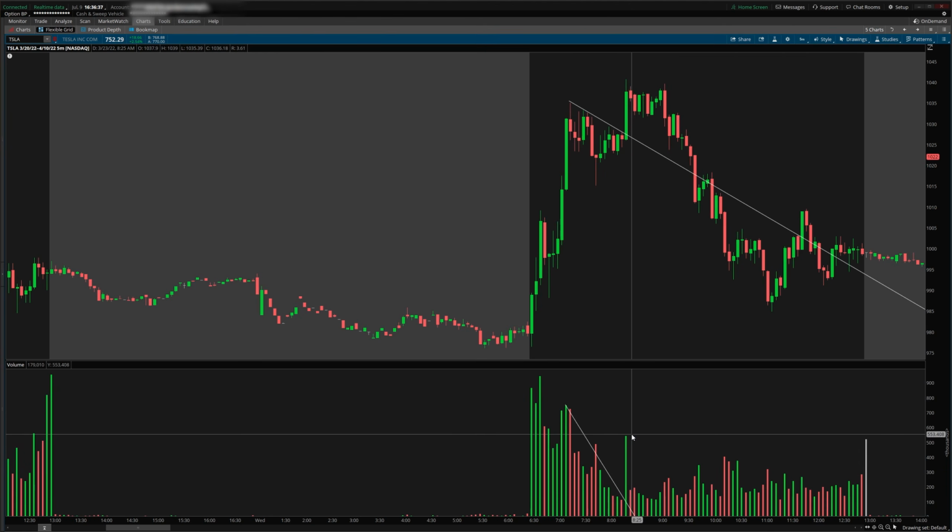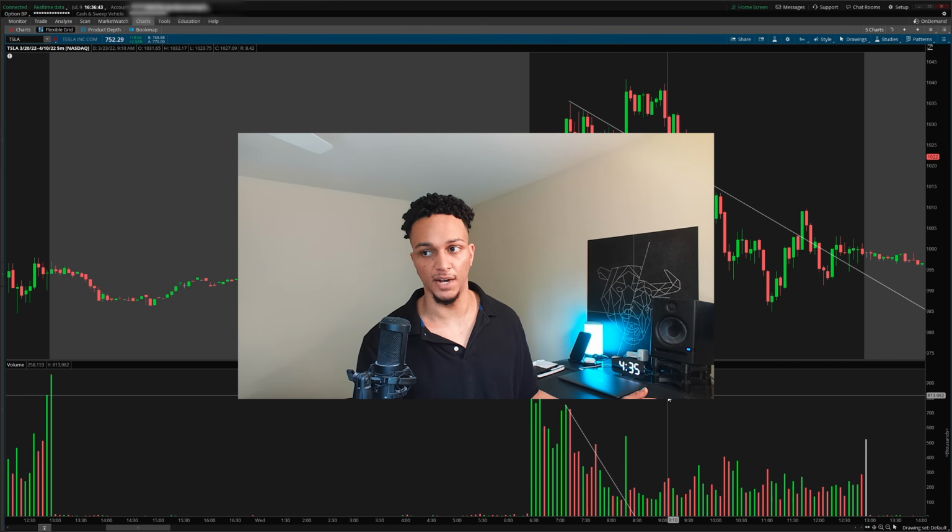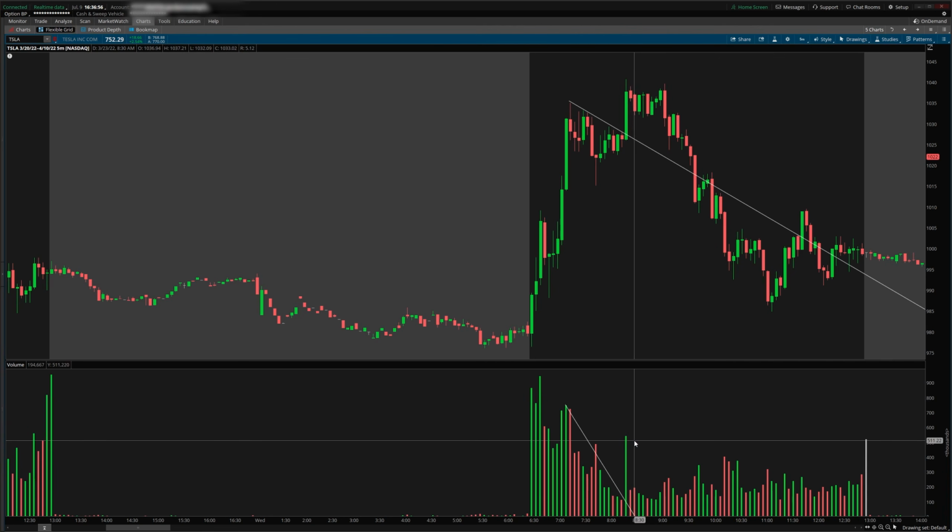If volume continued to rise higher and higher, say 800,000 shares every 5 minutes, that would be a sign that there's buyers clearly pushing the market up and they're showing interest in trading Tesla higher and higher. But when you see this big green candle right here on the volume and then it drops off instantly, that's a huge red flag that price could start to reverse. And you could have taken a short position up here, knowing you saw this outlier of a candle. Buyers clearly aren't trying to keep price going up.